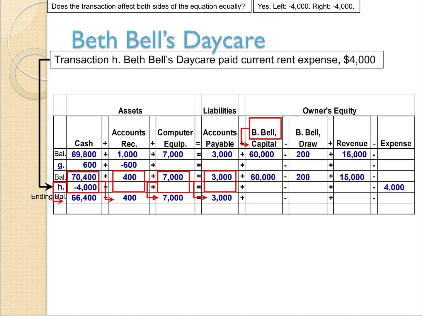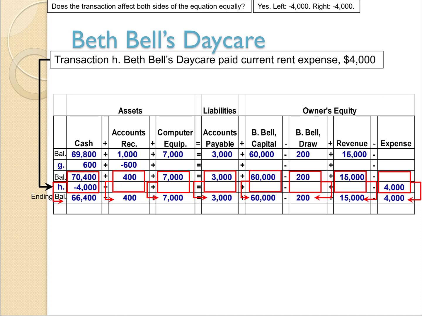Her capital has not changed. Draws are minus 200. Revenue is 15,000. And then her expenses are minus $4,000.